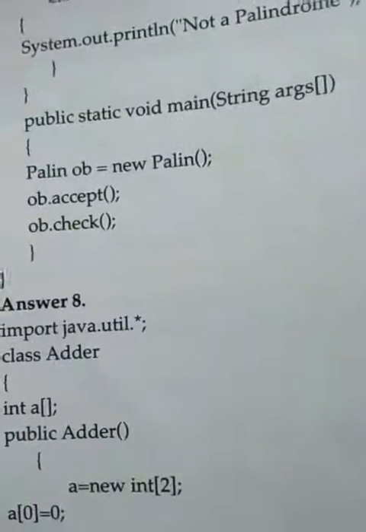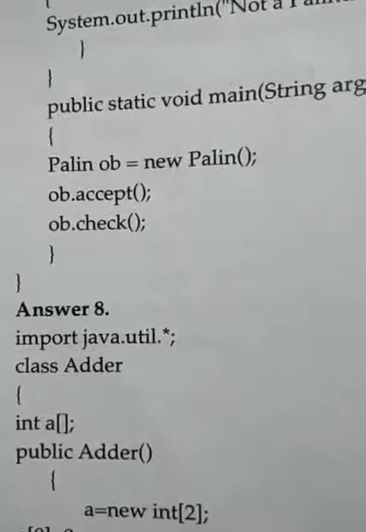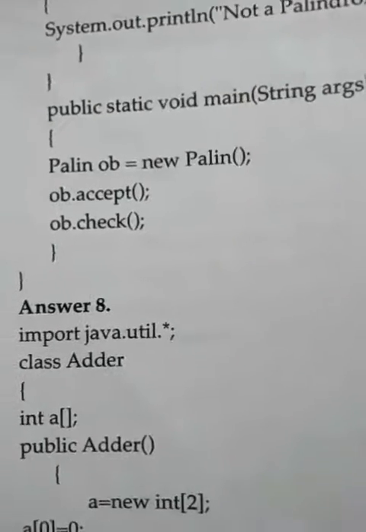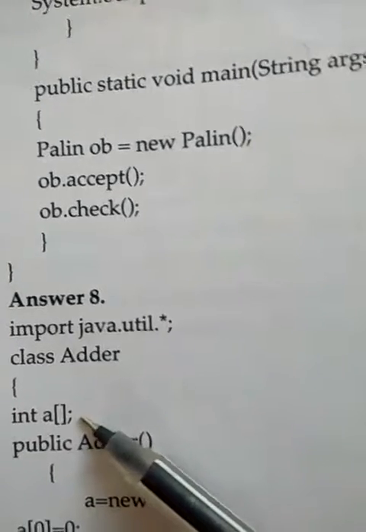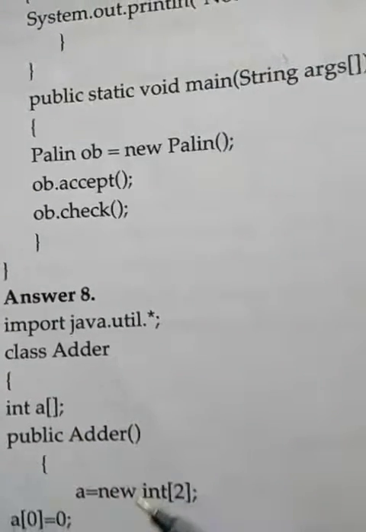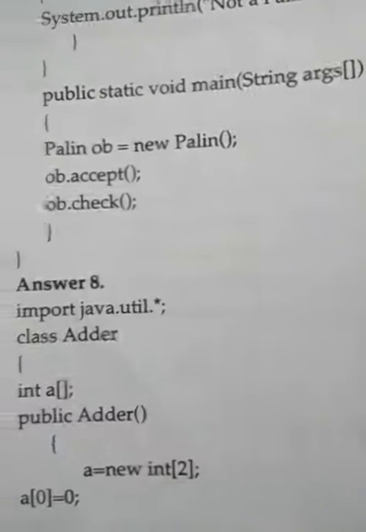So now this is the solution for that. Import java.util.*, because we have to input our data with the help of the Scanner class. Adder: we are declaring an integer array variable a, public, and fixing the memory size allocation of 2.